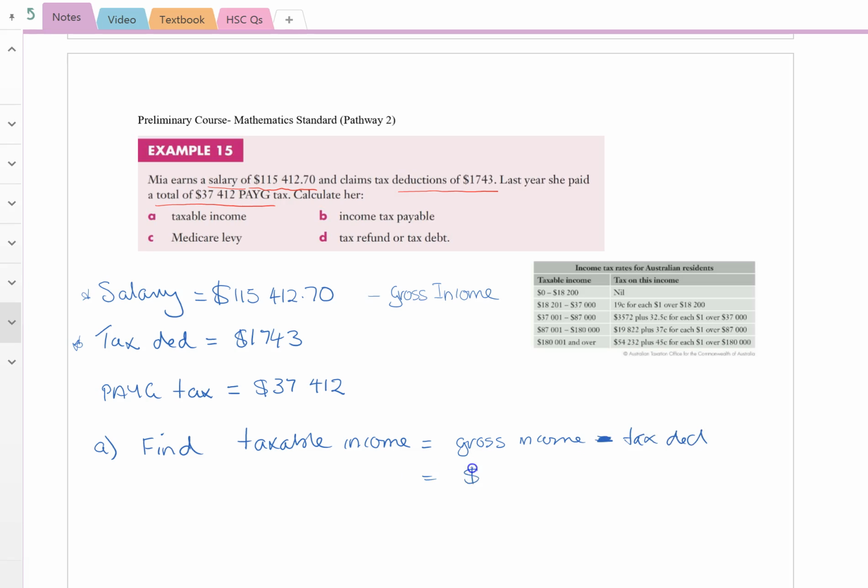There's nothing else being mentioned as part of an income in this question, so 115,412.70, and subtract 1743.